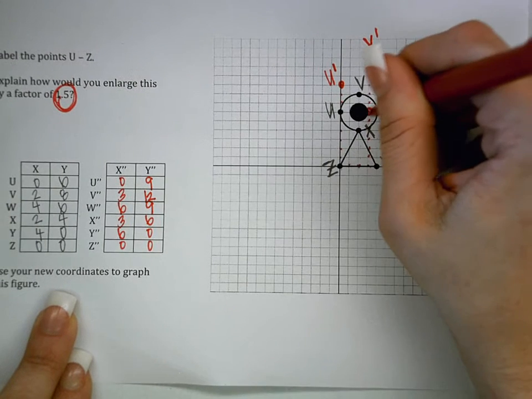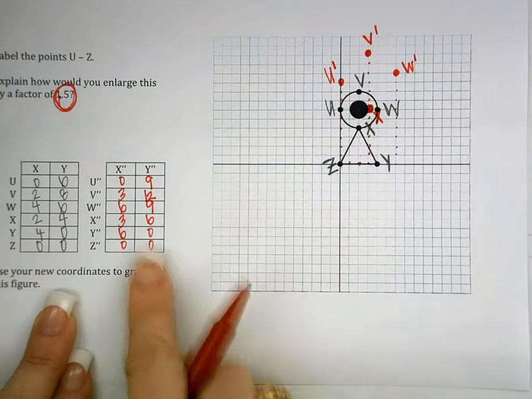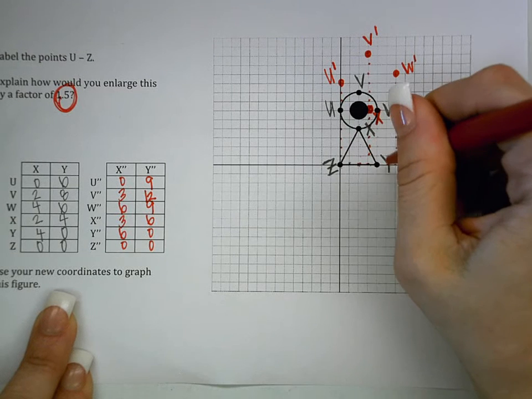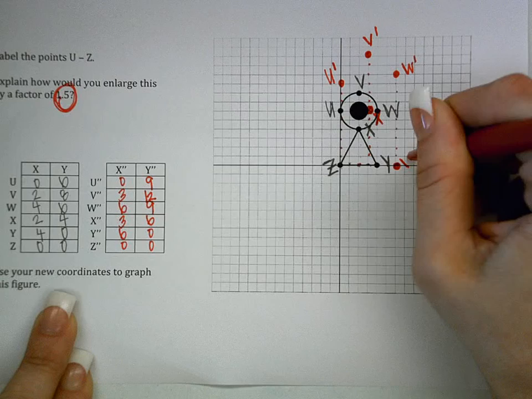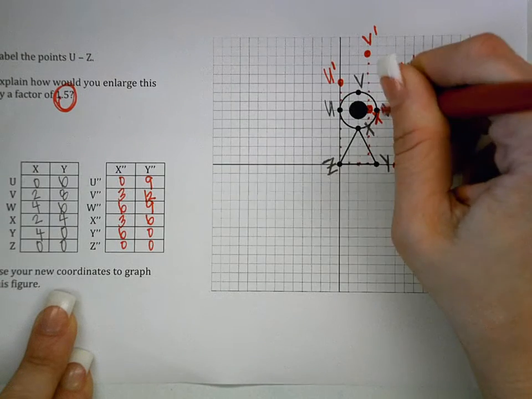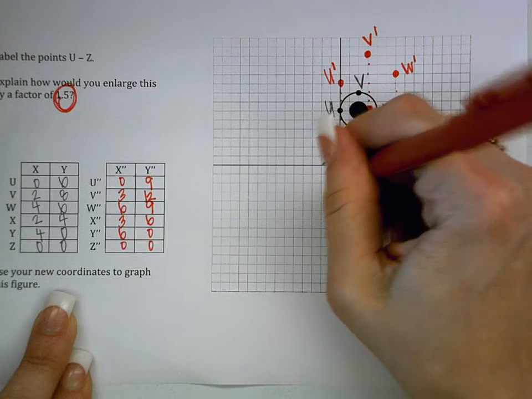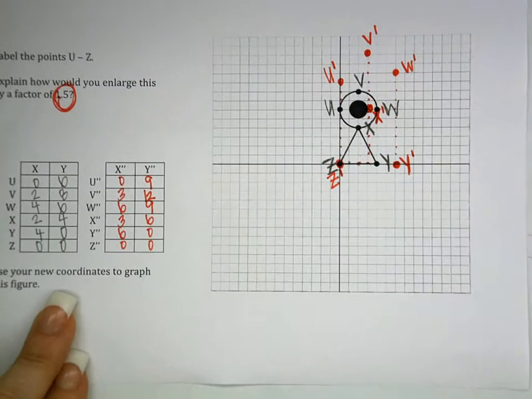This one's kind of in a weird spot if you ask me, but that's okay. Y is over 6, up 0. So 1, 2, 3, 4, 5, 6, 0. That is Y prime. And Z is still at 0, 0. So both of them. Then we have to draw our picture.